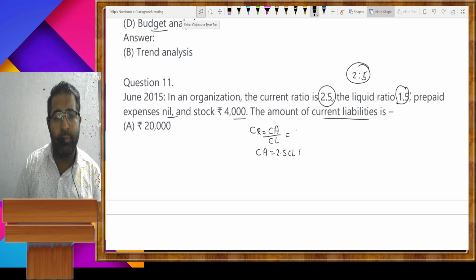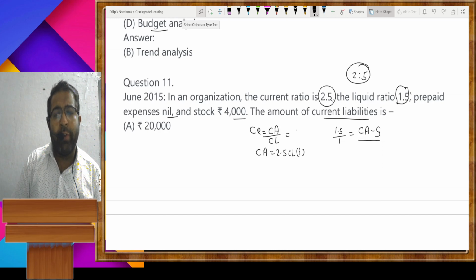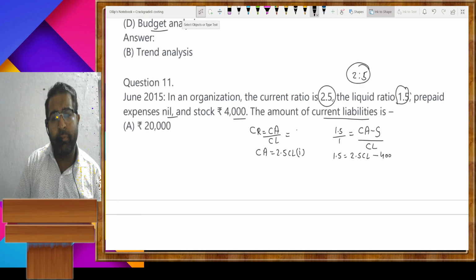Equation number 1. Equation number 2 for quick ratio. 1.5 divided by 1 equals current assets minus stock divided by current liabilities.